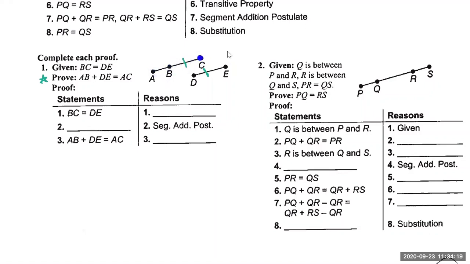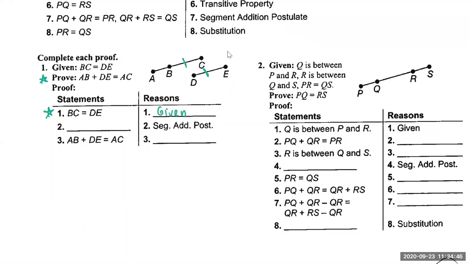So at some point, in a lot of segment proofs, you're going to use the segment addition postulate to tie together pieces of a segment with the whole thing itself. Okay, so BC is equal to DE. That's statement 1. You should never leave a proof blank. You can always write the given as the accepted truth.